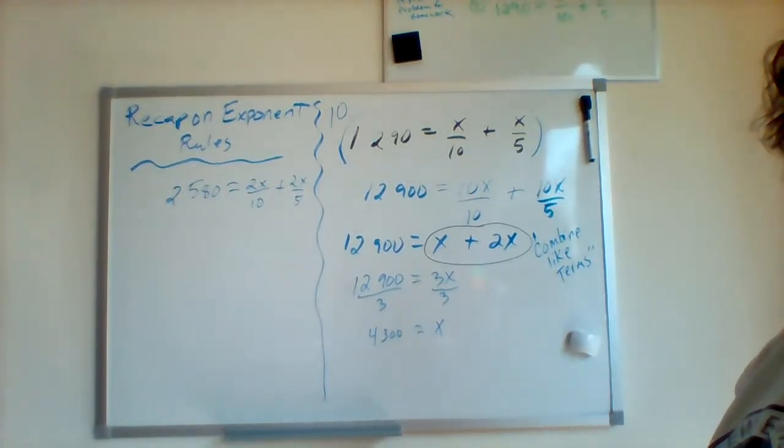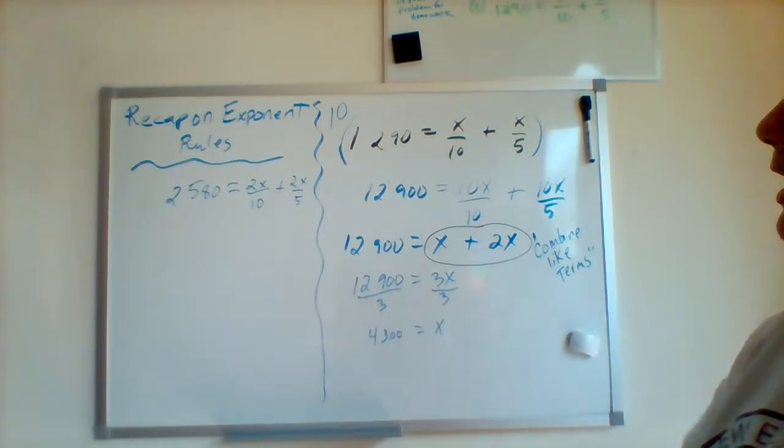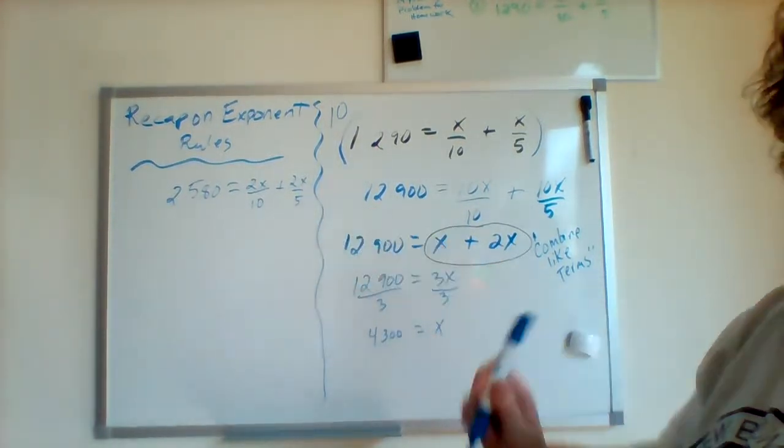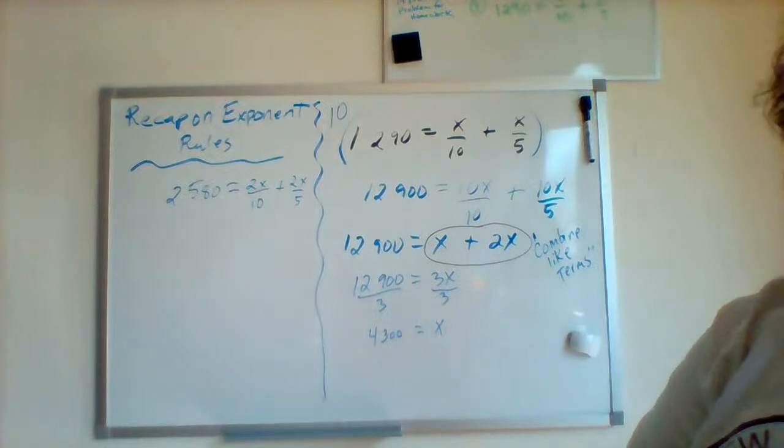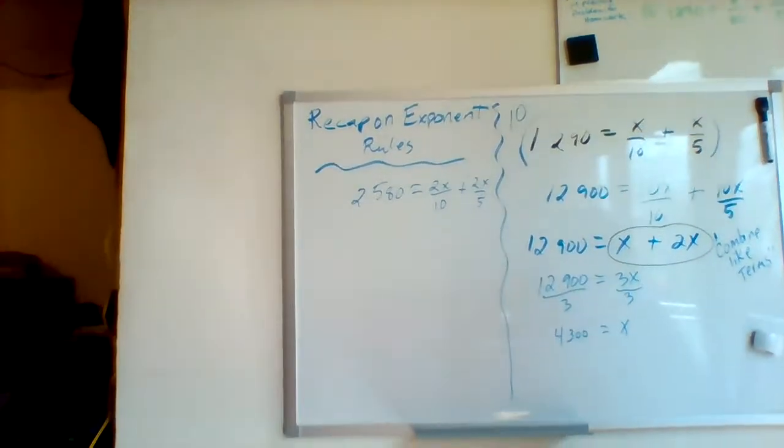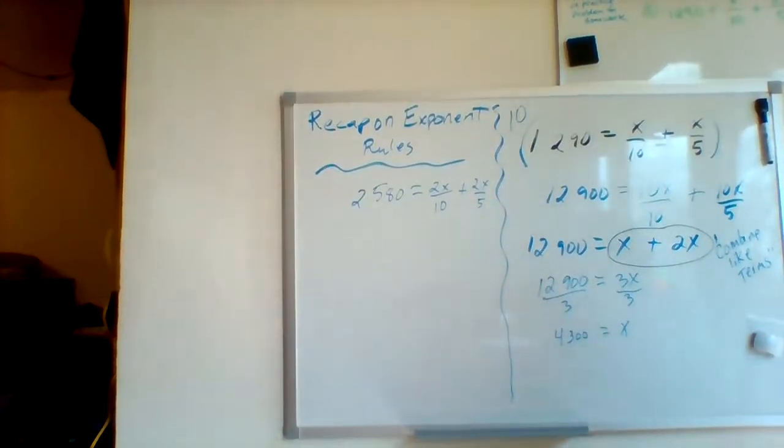Okay, now that one is solved. But I told you that you didn't have to clear the denominator. You can actually work with the fractions. So let's go back to that. You guys said, why don't we just multiply everything by 2?